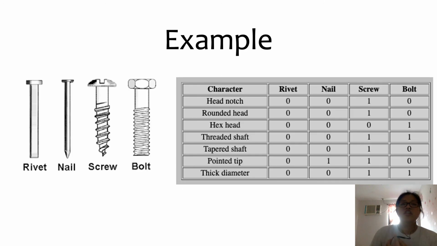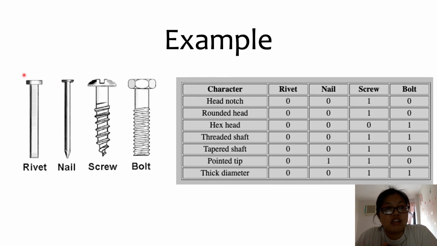Right? Okay, going back. So we have here the nail, the rivet, the screw, and the bolt. So we have 7 characters, and our character trait is present or absent. Okay, for example, sa rivet, it doesn't have head notch. Doesn't have rounded head.